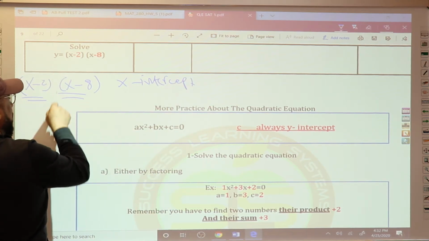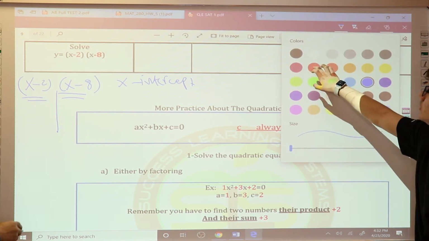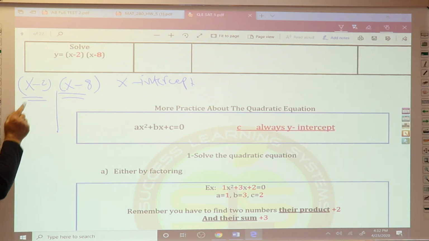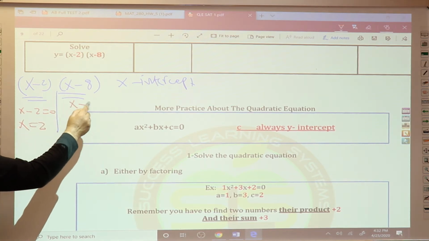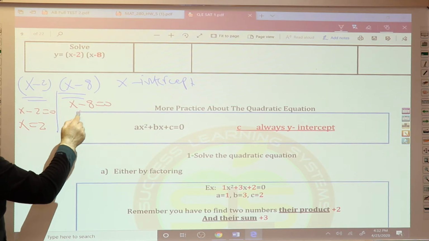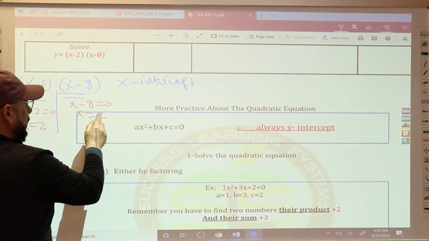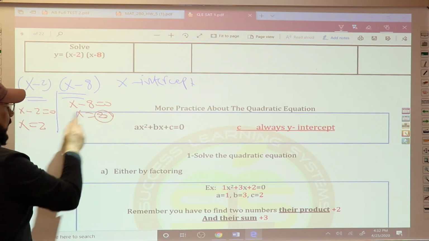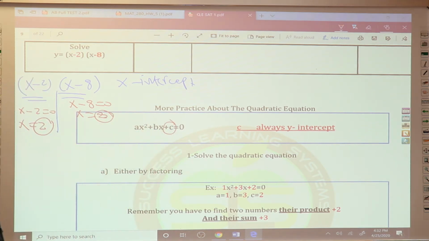You take each one. You set x minus 2 equals 0, right? And you move the 2, x equals 2. Or x minus 8 equals 0, then x equals 8. Then we have 8 and 2, right? And c is always my y-intercept.